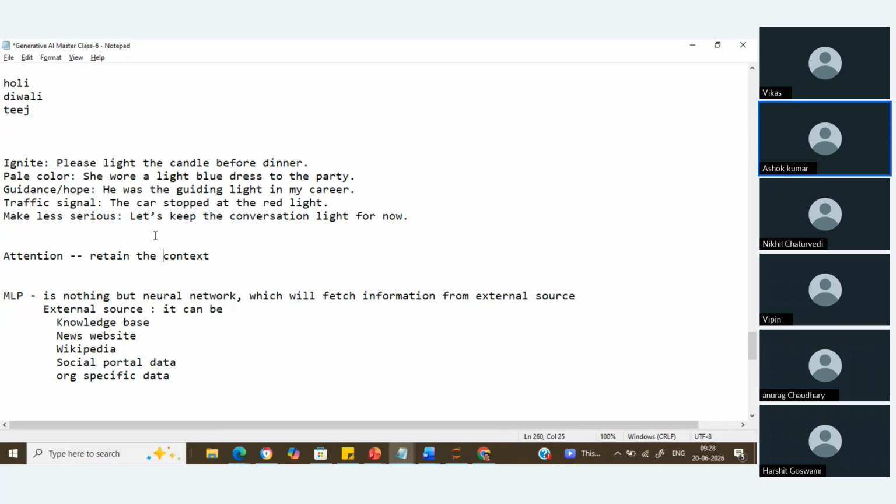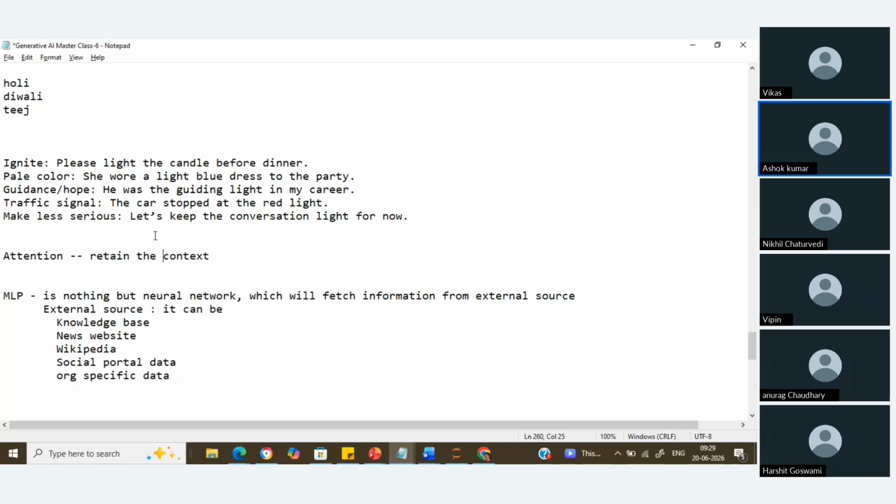Although it is a little lengthy, it's really very easy to understand. We have gone through a long route to get the understanding, but it's very simple. Just think of two keywords: attention and MLP. Attention is nothing but retaining the context, and the MLP, multi-layer perceptron, is nothing but fetching the external information.